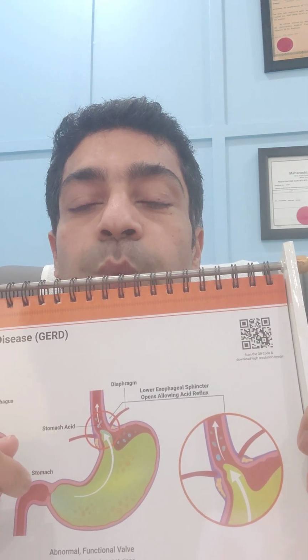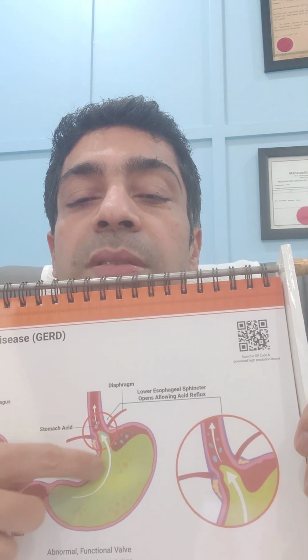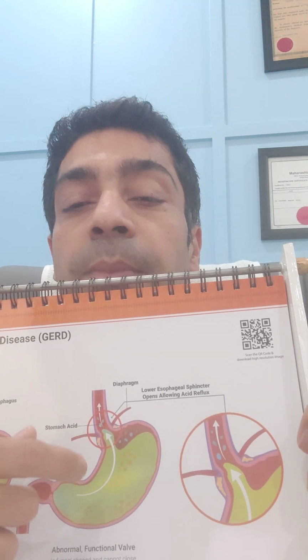Normally, the stomach has two types of cells. One type of cell will secrete the acid, and other cells will secrete a kind of mucus. That mucus forms a protective covering over the stomach mucosa, so that the harmful effects of the acid will not trouble the stomach.